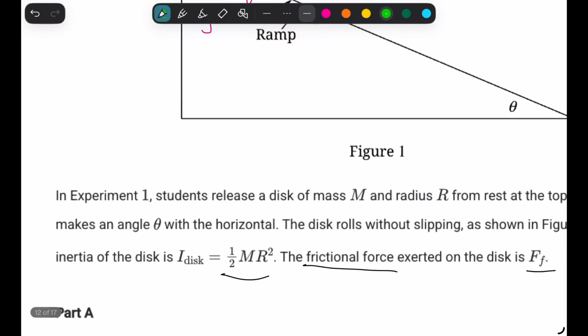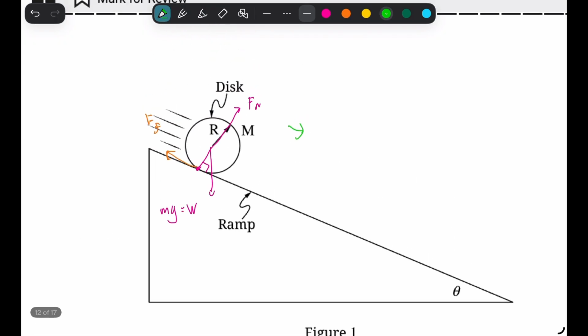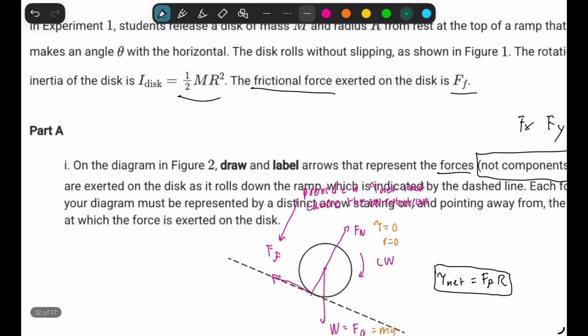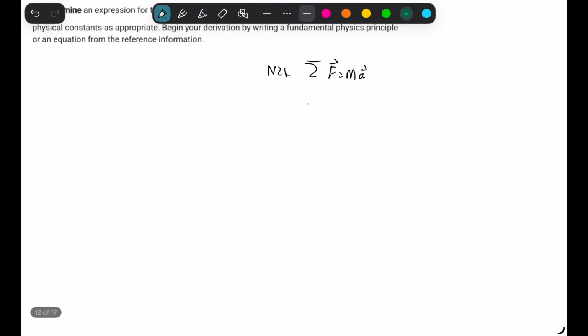On our incline, parallel to the ramp, you are going to have the summation of your forces in the parallel direction, and this is going to be equal to ma. We know that down the ramp is the direction of our motion, so we're going to make that our positive direction.